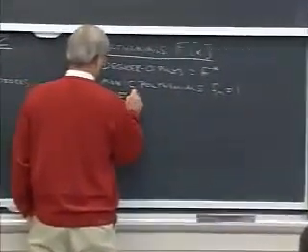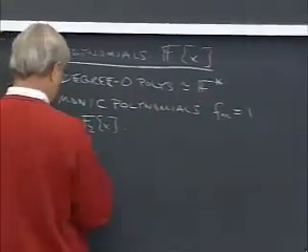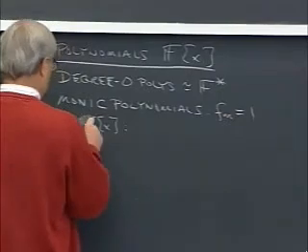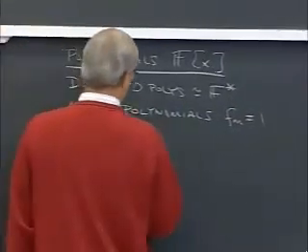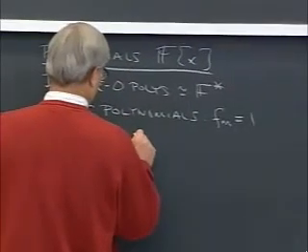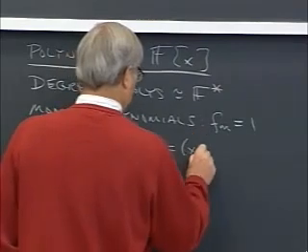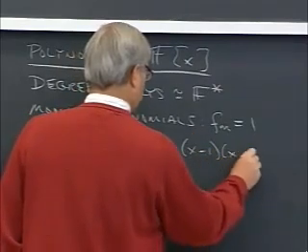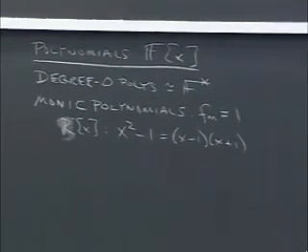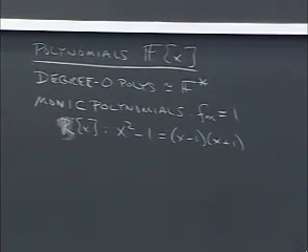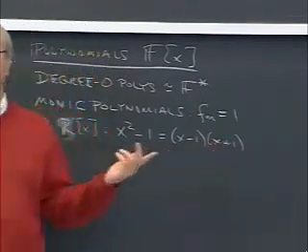In F2 of x, for instance, this isn't a very good example. Let's write R of x. Okay? We're going to talk about factorizations like this. x squared minus 1 equals x minus 1 times x plus 1. That's a factorization of a monic polynomial into a product of monic polynomials of lower degree.